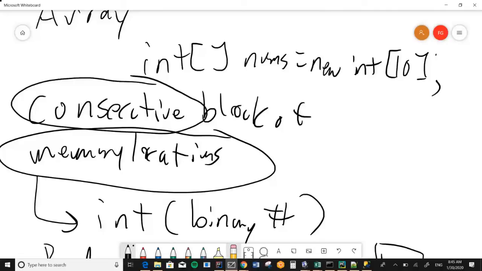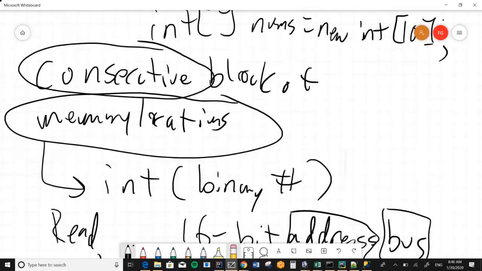Sorry about that. So whenever you use new in a language like Java, that's doing what's called a heap allocation. In other words, you're reserving some consecutive block of memory addresses. So whenever we get an array, that's what we're doing: asking for a block of consecutive memory addresses of that size. Now, what does that enable us to do?